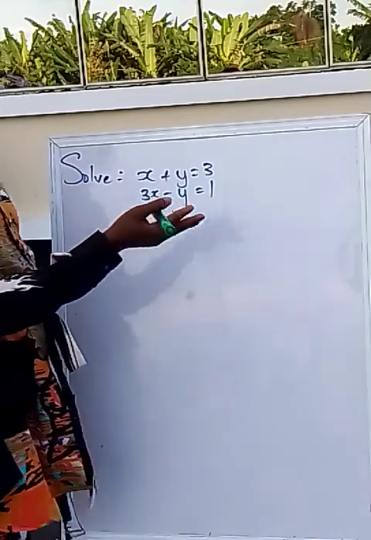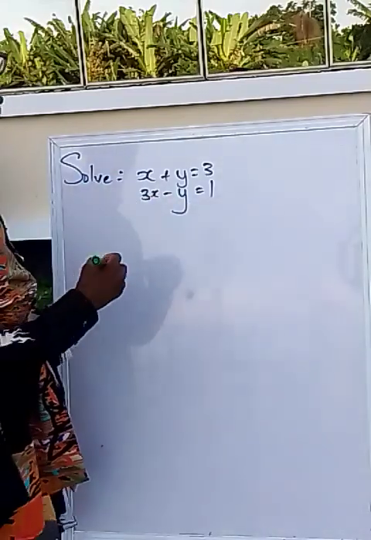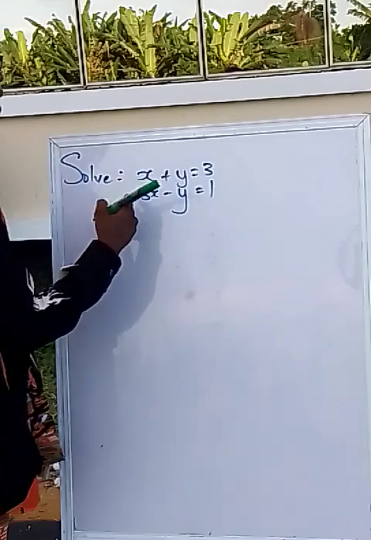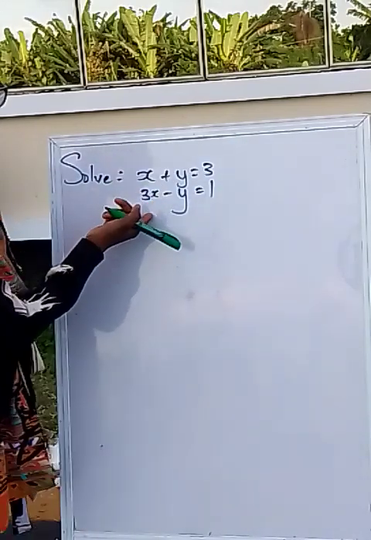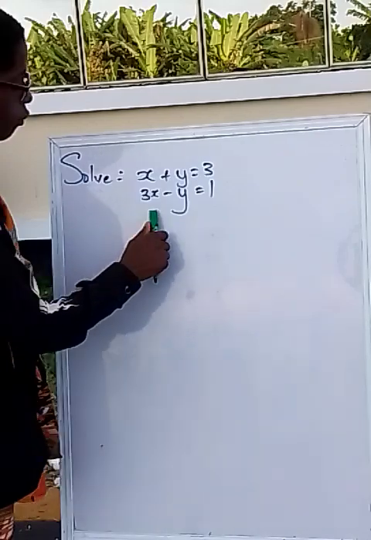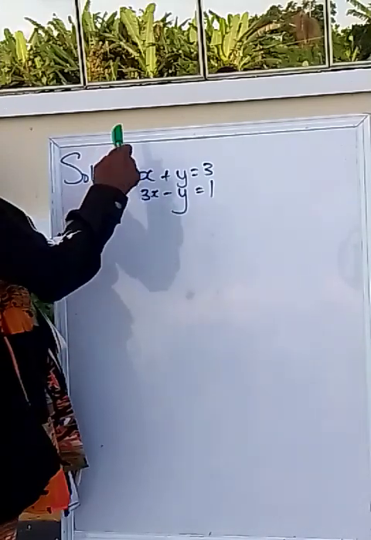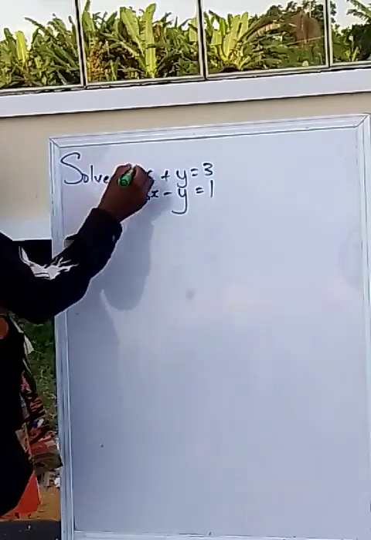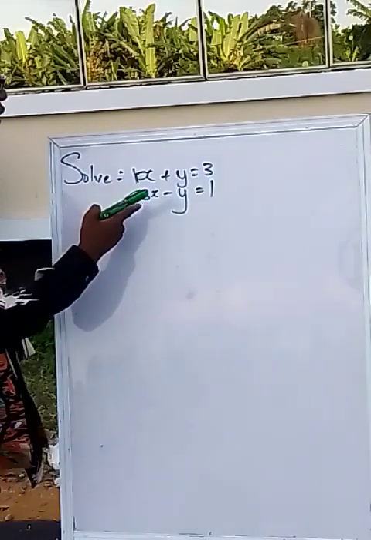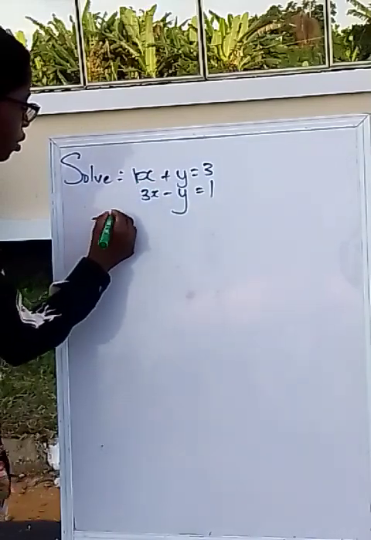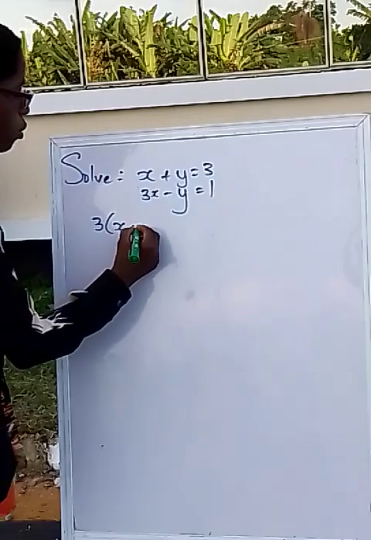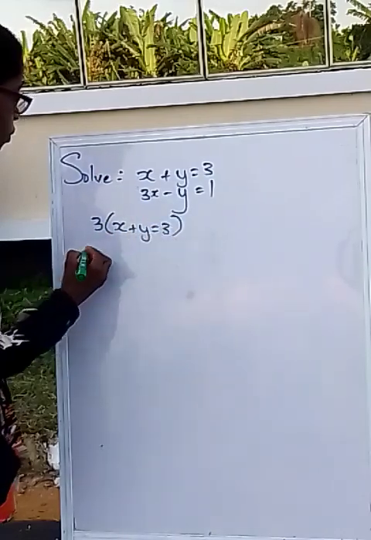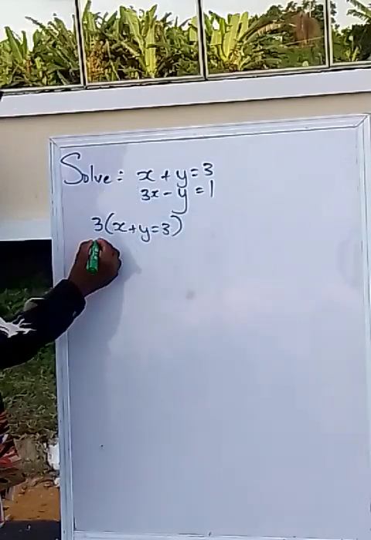So here we multiply everything in equation 1 by 3, the coefficient of x in equation 2, and multiply everything in equation 2 by the coefficient of x in equation 1, which is 1. So we have 3 times x plus y equals 3, then 1 times 3x minus y equals 1.